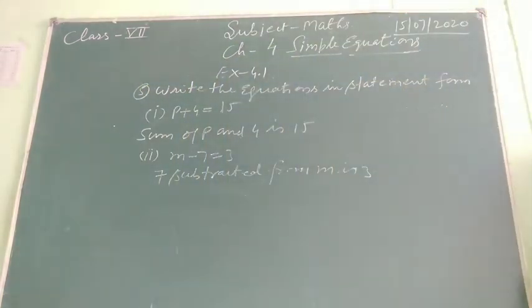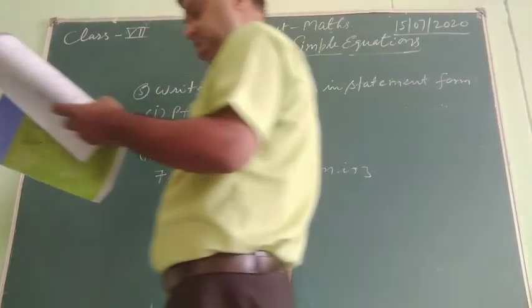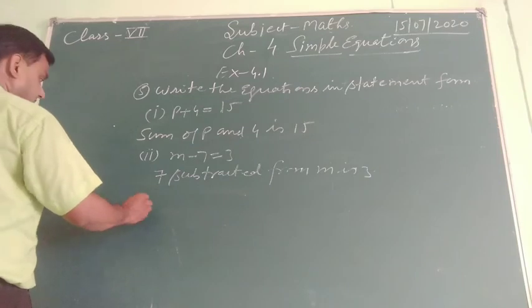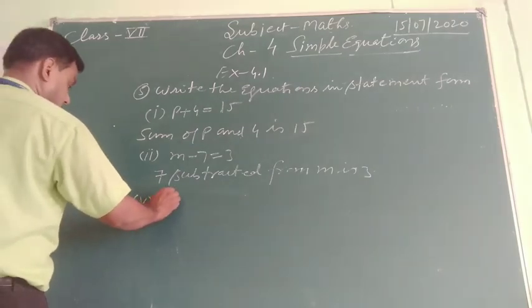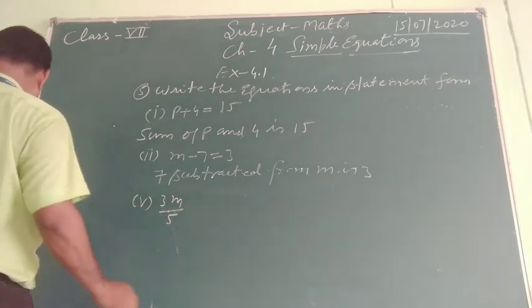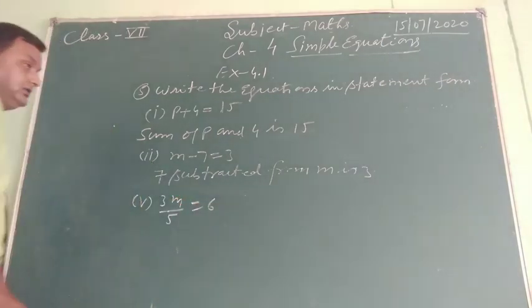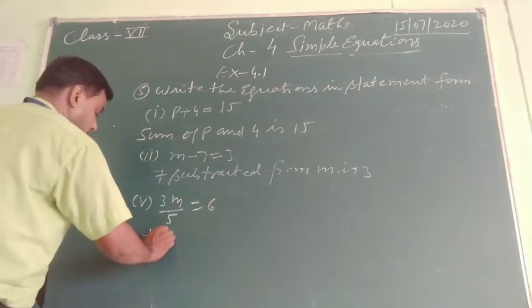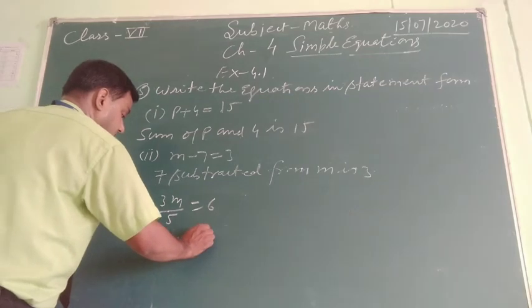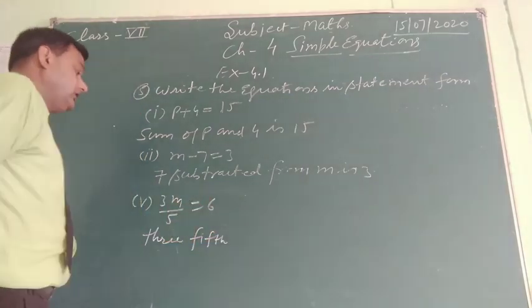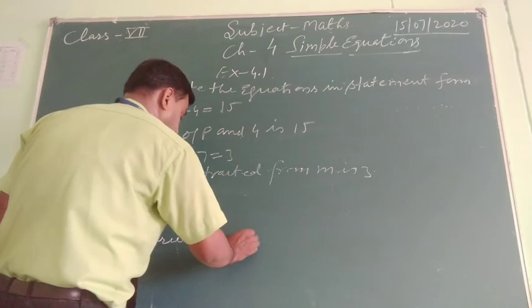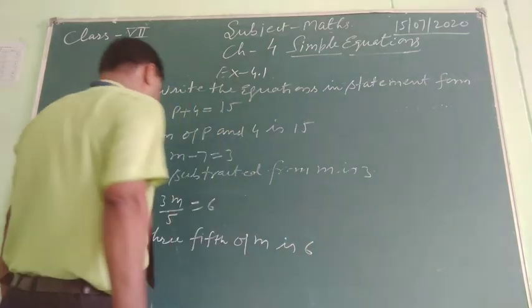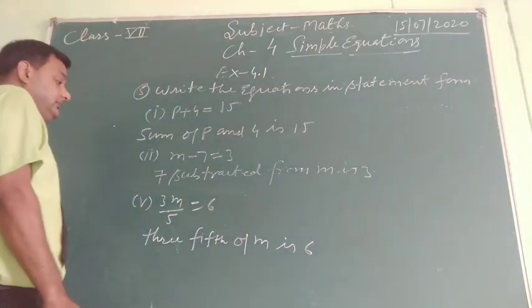Now the fifth part, 3m upon 5 equal to 6. 3/5 of m is 6. 3/5 part of m is 6.